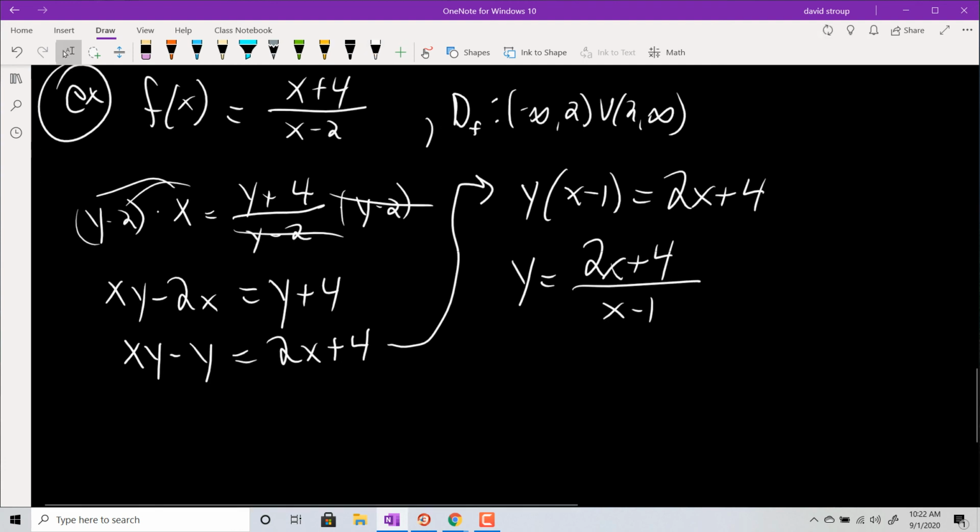Clearly the domain of this, which we'll call g, is everything except 1: negative infinity to 1, union with 1 to infinity.